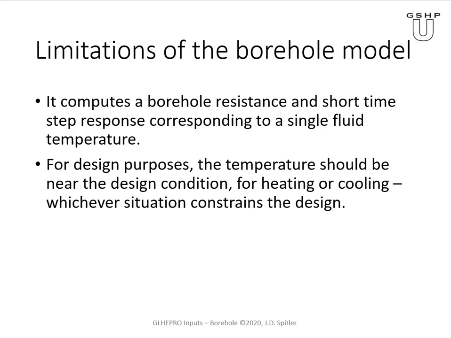So if it's the maximum temperature, then you're going to use a fluid temperature around the maximum temperature, and if it's the minimum, then it would be around the minimum temperature, because you'd like to match the resistance to the temperature that's constraining it, the peak that really makes the difference. Yeah, right, and that's why we do this for the design condition.